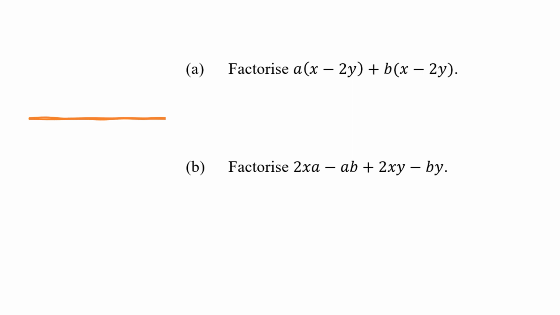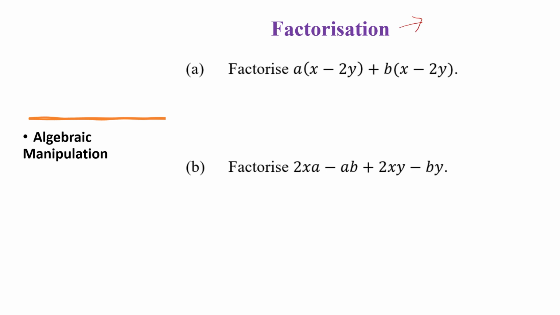So chapter 2 is algebraic manipulation that starts off by doing some factorization. Factorization, basically, you just put it in brackets, put in linear factors. So when you are asked to do some factorization, it means you will be given a lot of terms, and then you do some manipulations and finally put them in brackets.